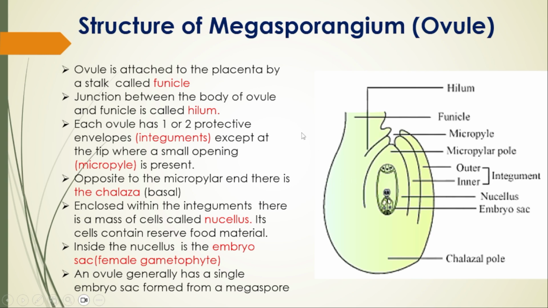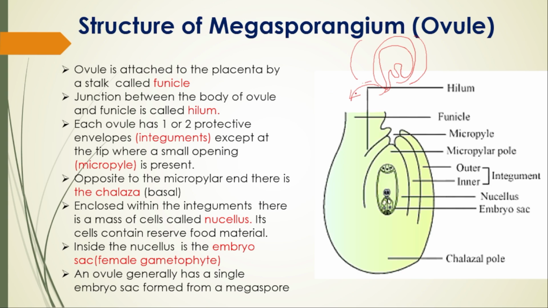Let me show you. See, if I say this is the ovary, and inside this ovary, just imagine there is only one ovule. So this portion is the zomadia. The ovule is attached to the placenta by a stalk called the funicle.